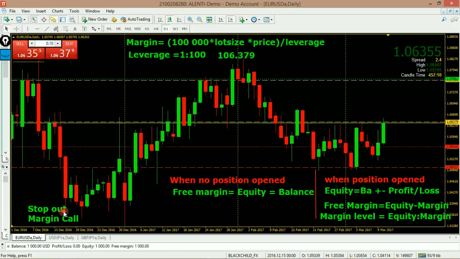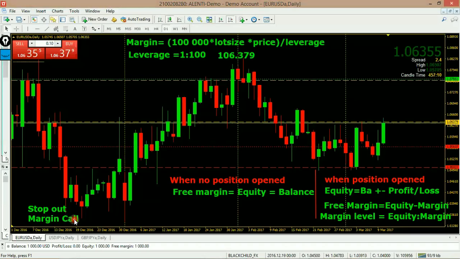But in actual theory, your stop out level must be at 100% when your margin level is 100%, when the ratio of your equity to margin is 1. Your margin call will be when your margin level is slightly greater than 100%, just before you actually reach your stop out level.